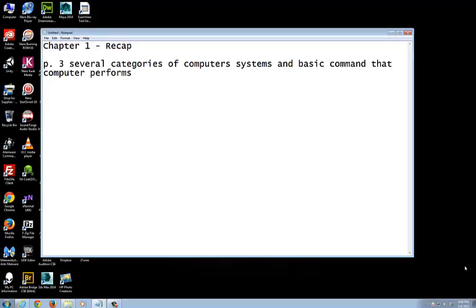Such as input, output, and storage, mathematical functions, and logical functions. So these are the types that I would like for you to know.